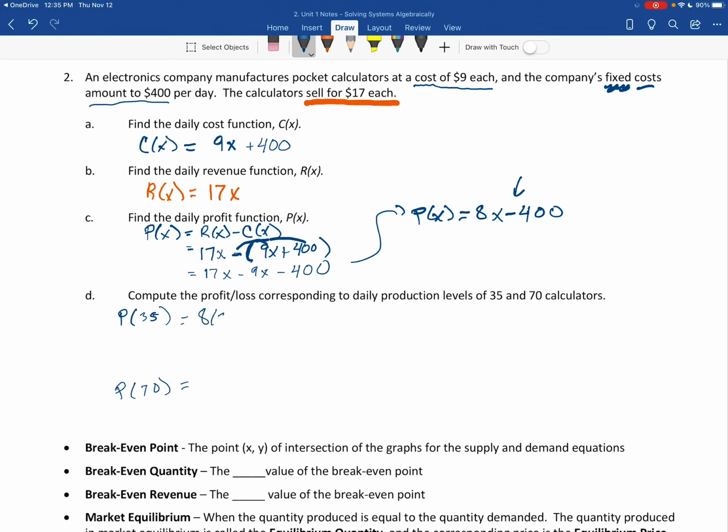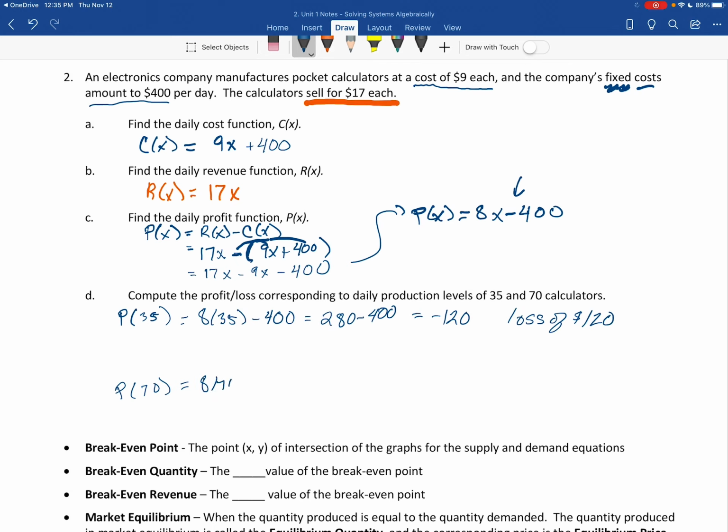So for 35, it would be 8 times 35 minus 400. And that gives me 280 minus 400, which is negative 120. So that's a loss of $120.